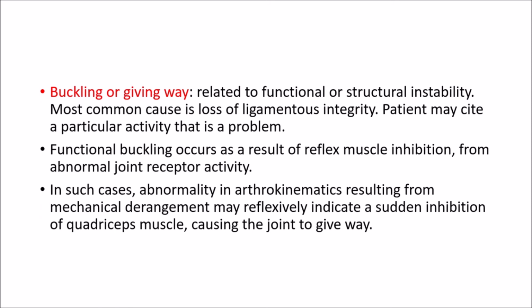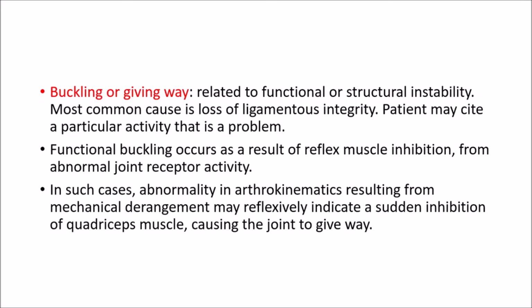Next is buckling or giving way. It is related to functional or structural instability. The most common cause is loss of ligamentous integrity, and the patient may cite a particular activity that is a problem. Functional buckling occurs as a result of reflex muscle inhibition, because it results from abnormal joint receptor activity.